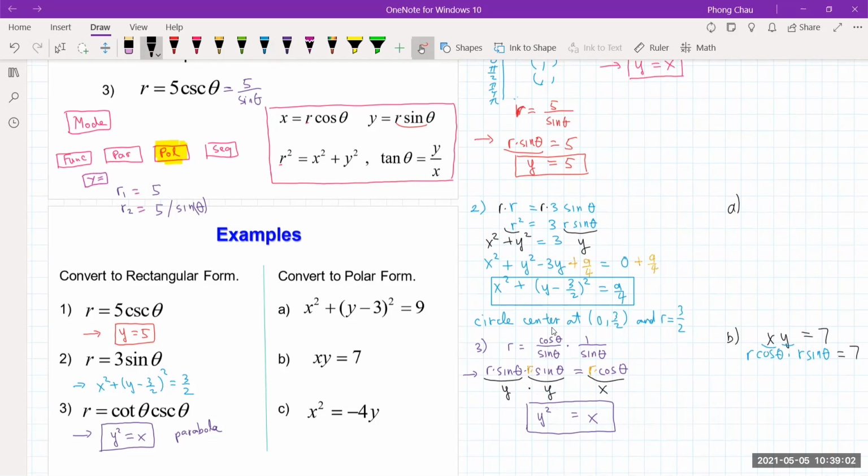But otherwise, we can usually solve for r. But in this case, you have r times r, which is really r squared, right? So it's r squared. Then you divide by cosine and sine, so it can be 7 over cosine theta times sine theta, right?